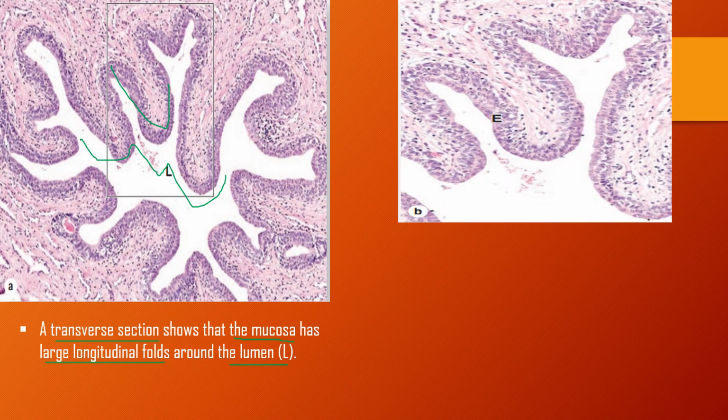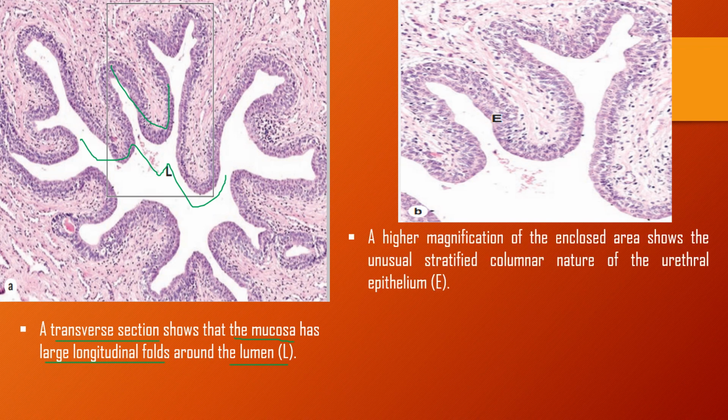This is the image of transverse section of urethra. It shows the mucosa has large longitudinal folds as you can see here around the lumen. This is the lumen. And this is the higher magnification of the enclosed area as we saw here.